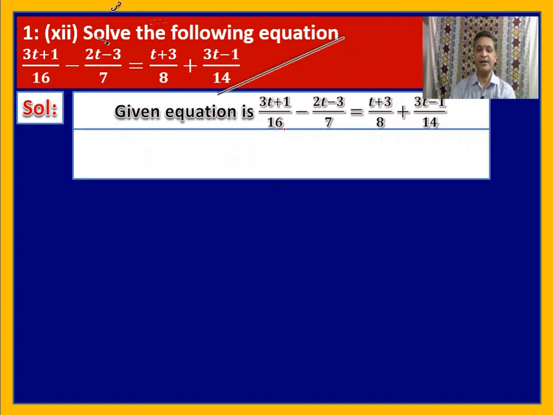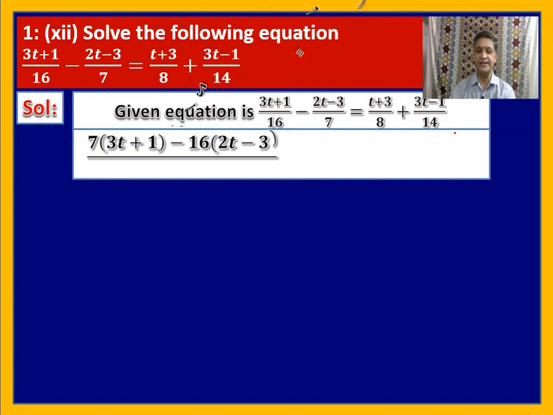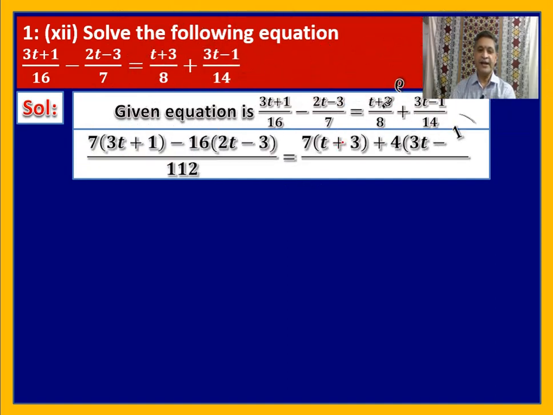Take LCM for left hand side and right hand sides. So you get LCM of 16 and 7 is 112. Here 7 is a prime number, there is no common factor for 16 and 7, so simply multiply these two. 16 into 7 you get 112. 16 cancel in 112 7 times.